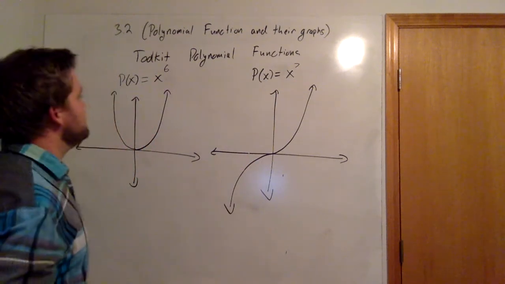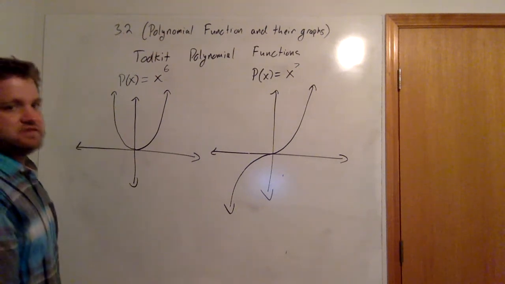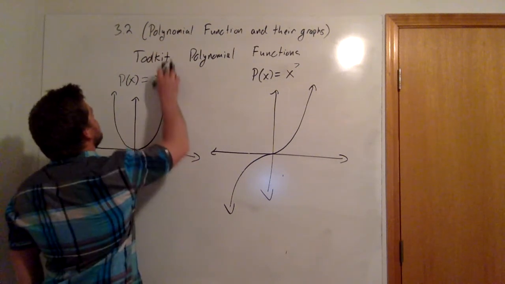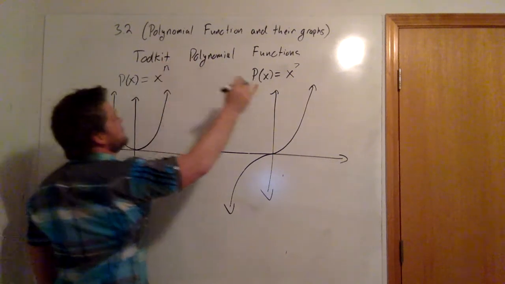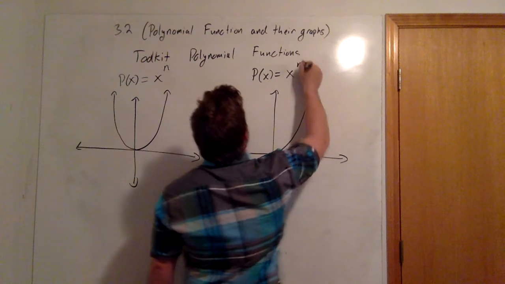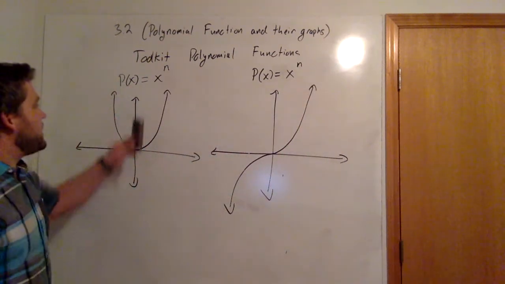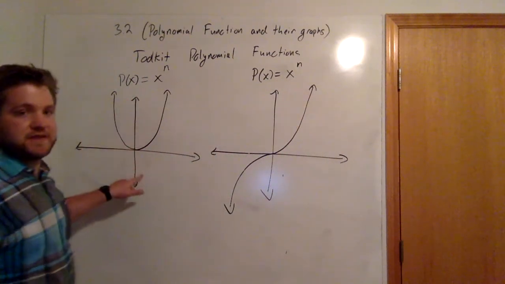So what we have here is we can generalize this idea. If I think of this as p of x, which is equal to x to the n, for what values of n will the graph look like this?